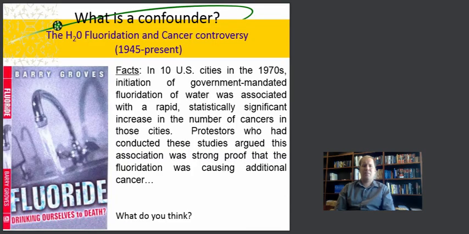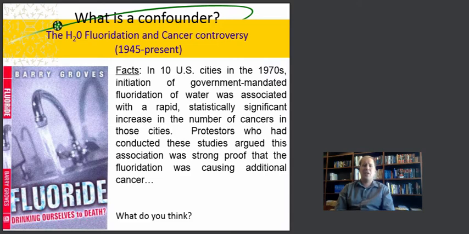Okay, let's take another example of confounding. There's the water fluoridation and cancer controversy, which has been going on since 1945. Many U.S. cities decided to fluoridate their water to prevent dental problems for their populaces. And in 10 U.S. cities in the 1970s, initiation of government-mandated fluoridation of water was linked with a rapid, statistically significant increase in the number of cancers in those 10 cities.